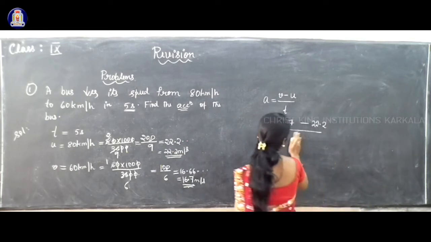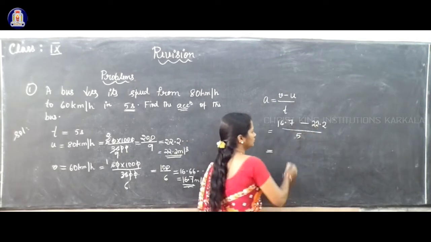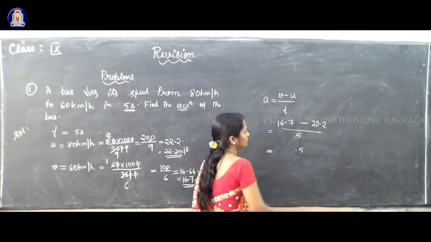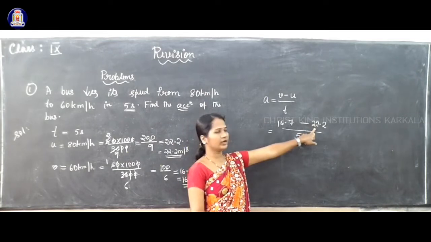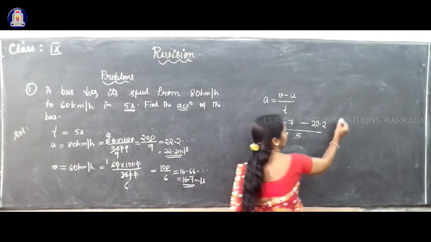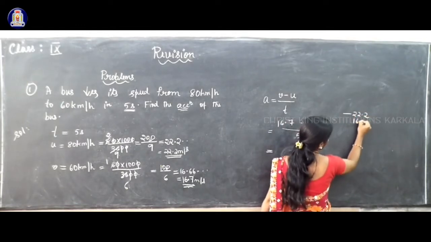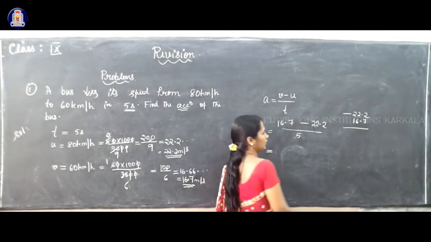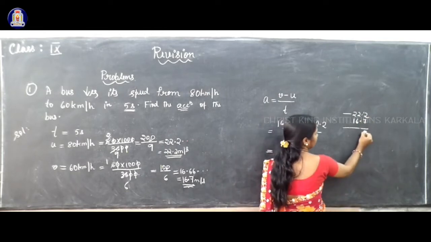Now subtract the values. Sorry, you have to subtract 22.2 minus 16.7. So you have to carry, 12 minus 7, 5.